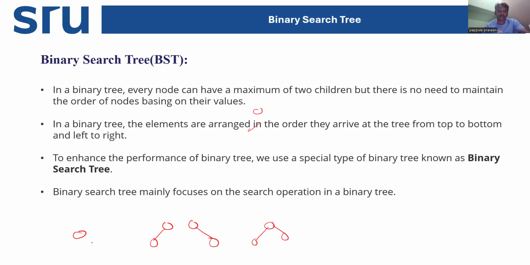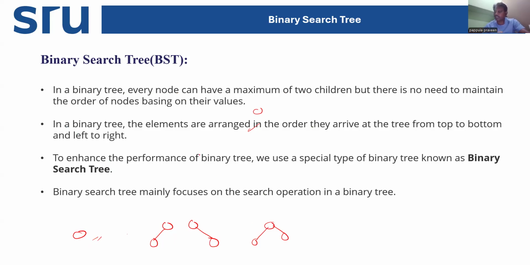The concept of a binary tree is that a root node contains at most two children. Here there is no child, only the root is contained. Here only a left child is there. Next, only a right child we have. And the last diagram represents a root that contains a left child as well as a right child.